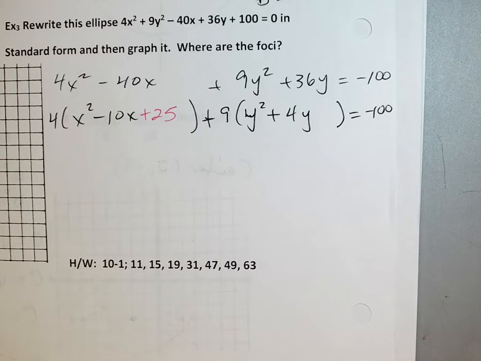I'm off balance. How much am I off balance? Not 25. I'm off 4 times 25, because the 4 is sitting right there, isn't it? So how much did I really add in? 100. So we better put plus 100 here. Do you see it?